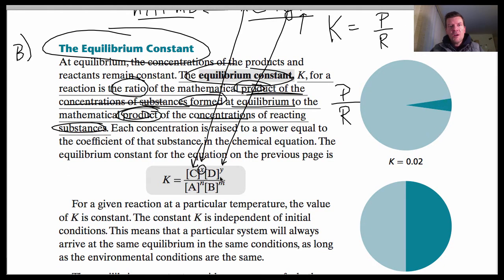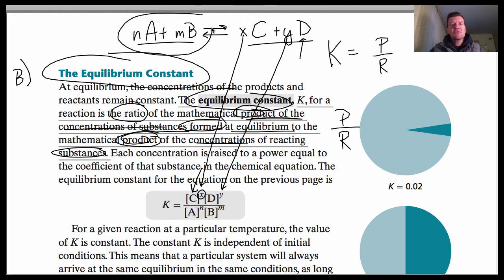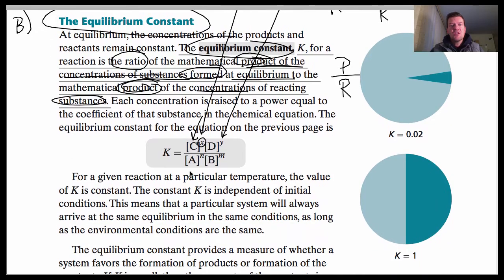All over what? The product of the concentration of the reactants, raised to their respective coefficients. So concentration of A raised to the N power times the concentration of B raised to the M power. This is how you find the equilibrium constant. You must be able to do this right here, and I'm going to show you some examples.